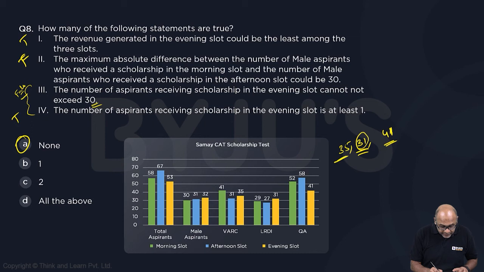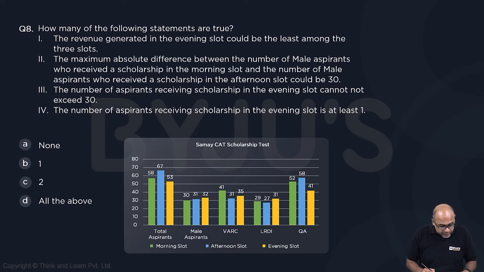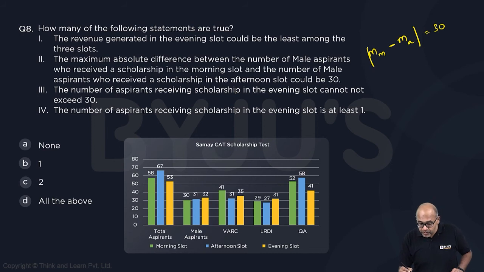So what is happening to the second one? If you're checking the second one, what is the statement? The maximum absolute difference between the number of male aspirants who received this scholarship in the morning slot, so male morning, and the number of male aspirants who received the scholarship in the afternoon slot, so minus male afternoon. This is 30. Could be 30.